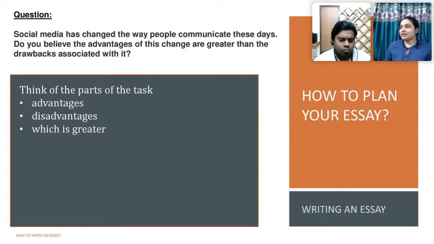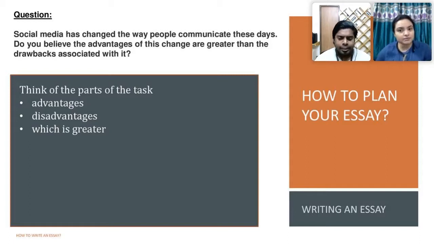Now, we're moving on to the planning stage. How to plan your essay. We have scribbled all the ideas that came to us when we thought of the topic. We put them down on paper. Now is where we apply filters. We think of the topic again. We try to narrow down on what ideas are relevant and what are not.